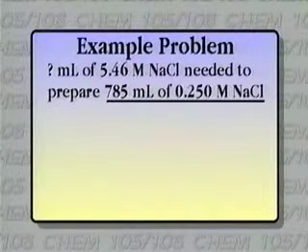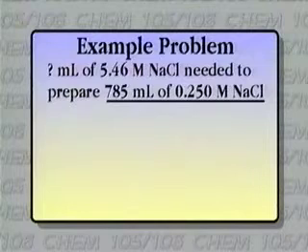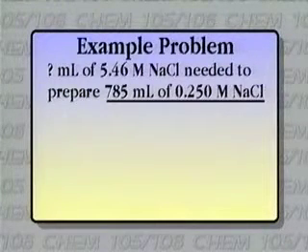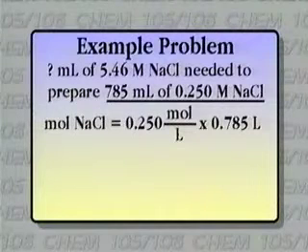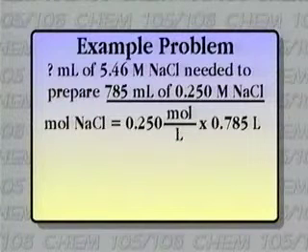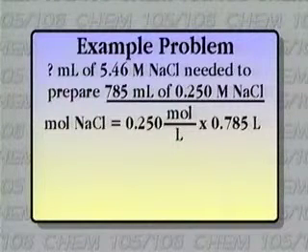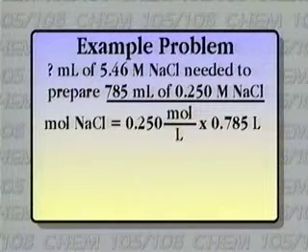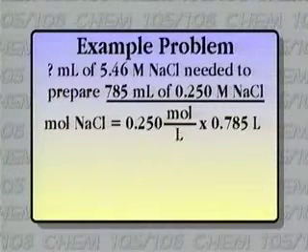Now, this is what I want to end up with mole-wise, and so I could say, how many moles of NaCl do I need? I need 0.250 mole per liter multiplied by 0.785 liters.